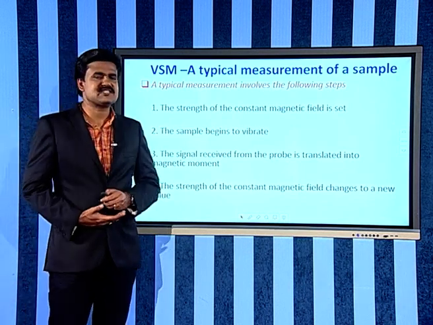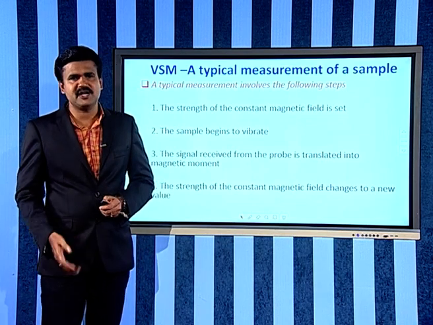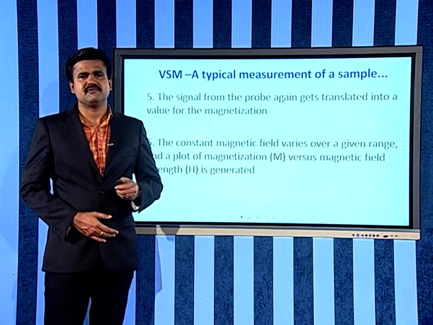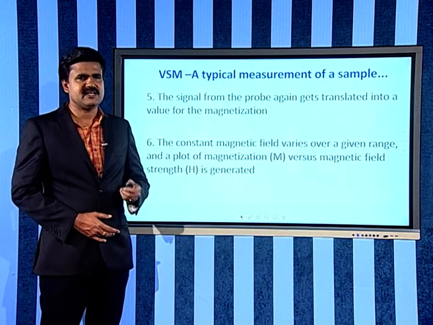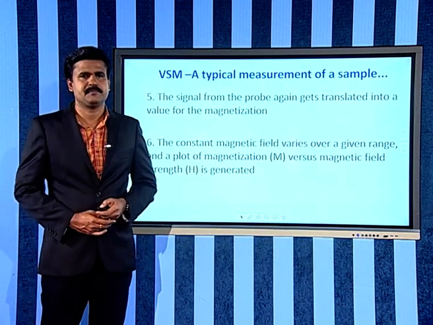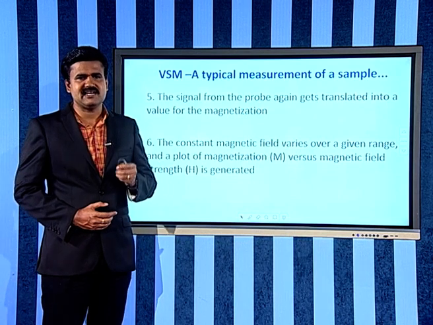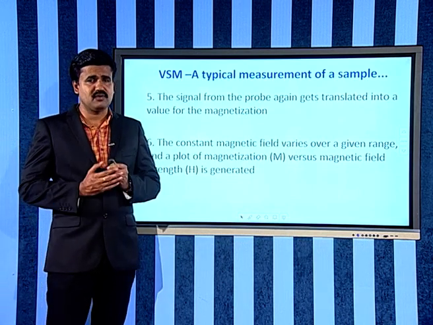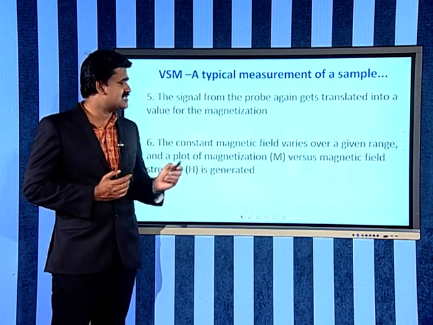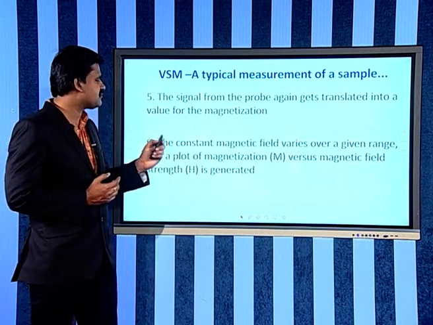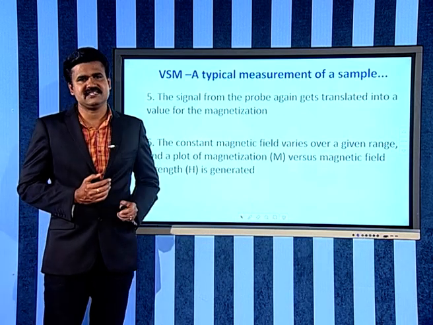The strength of the constant magnetic field changes to a new value. The signal from the probe again gets translated into values of magnetization. The constant magnetic field varies over a given range, and a plot of magnetization versus magnetic field strength is generated.